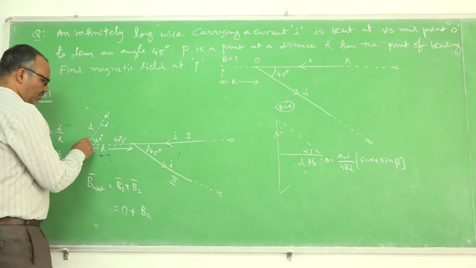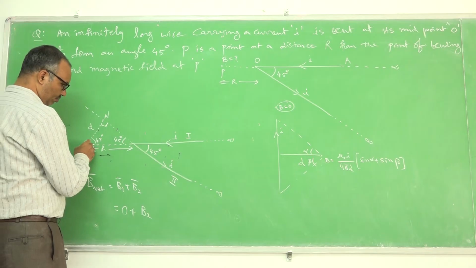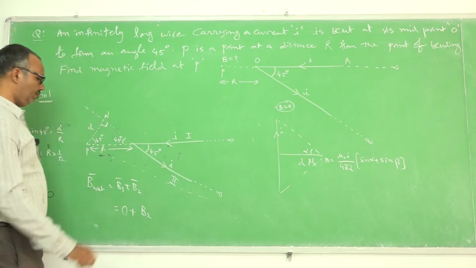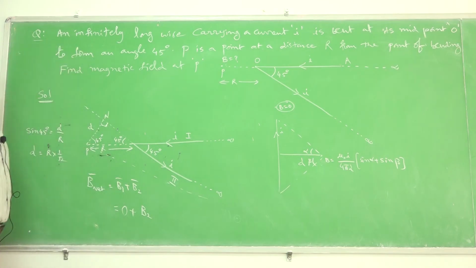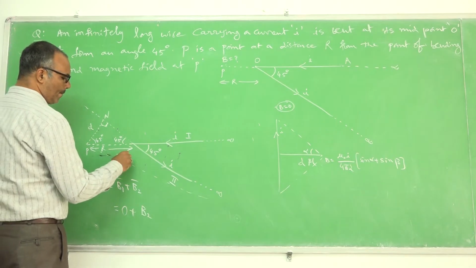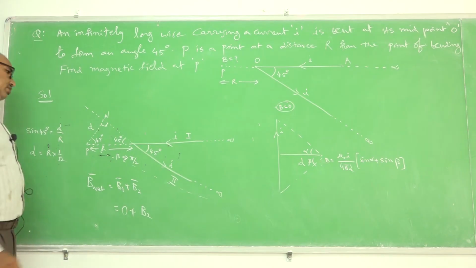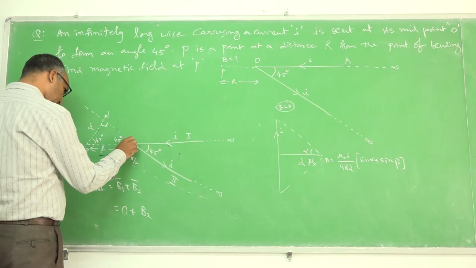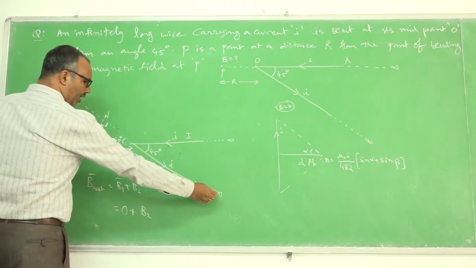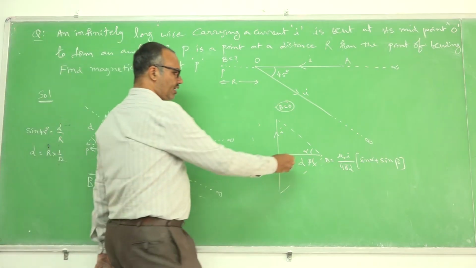So at this point, if you draw a line to other end, this angle, that means this angle beta, tends to pi by 2. Other end is at infinite distance, so beta tends to pi by 2.